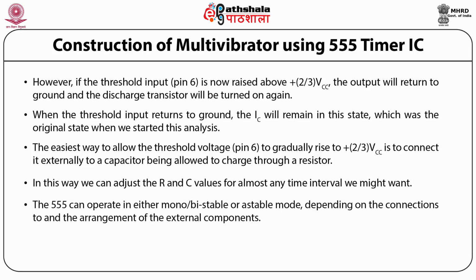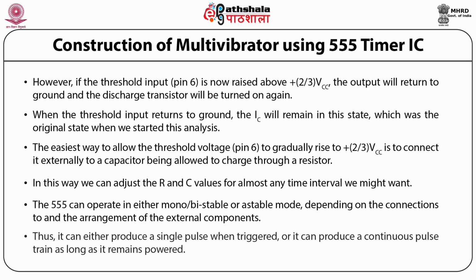So the 555 can operate in either monostable, bistable or astable mode depending on the connections and the arrangement of the external components. Thus, it can either produce a single pulse when triggered or it can produce a continuous pulse train as long as it remains powered.